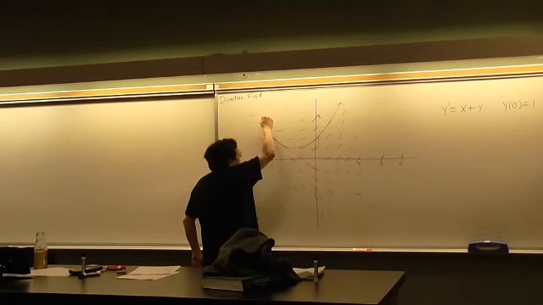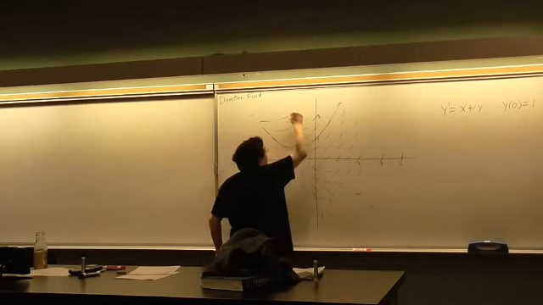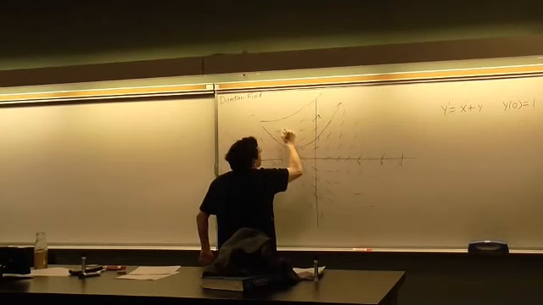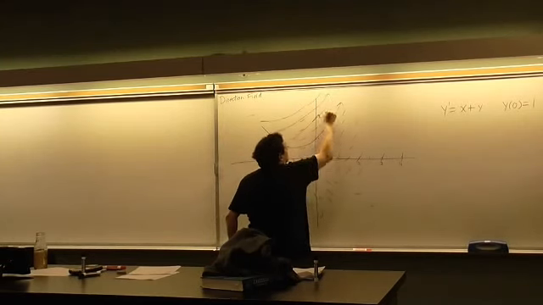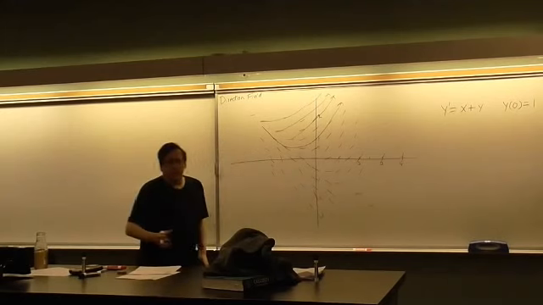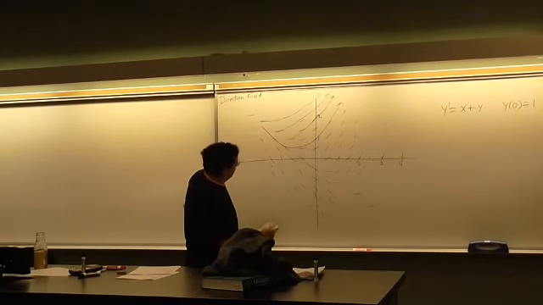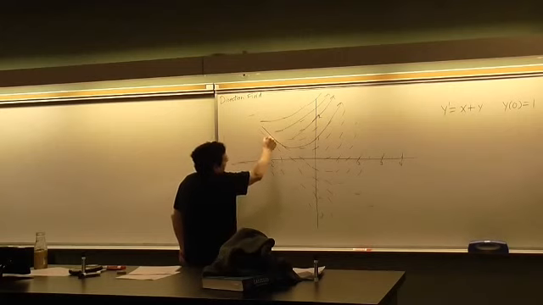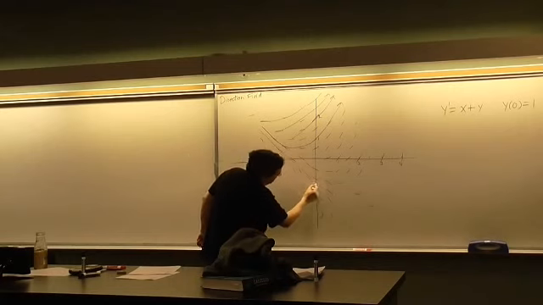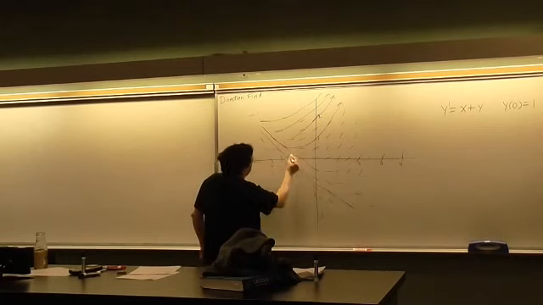And again, here, these are going up this way. Remember, this is a family of solutions, so each of these lines represents a solution. And then here, it goes straight down.